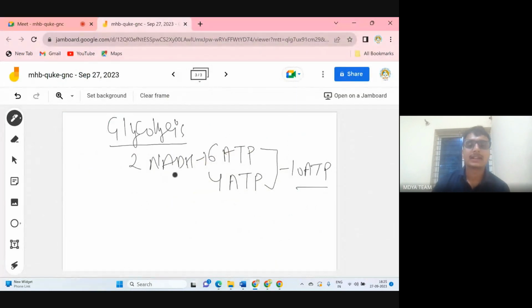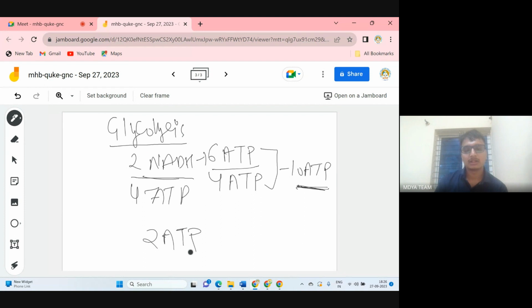Okay, so in glycolysis, there is production of 2 NADH and production of 4 ATP. So these 2 NADH will produce 6 ATP and the total number of ATP will be 10. But in glycolysis, we have also utilized 2 ATP in the first step. Are you getting this?